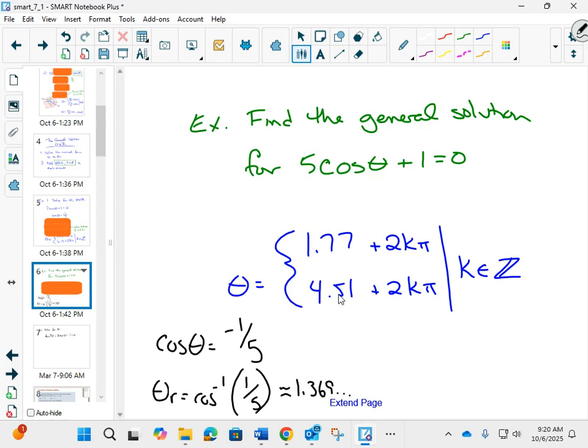And then in quadrant 2, pi minus your reference angle. In quadrant 3, pi plus your reference angle. And then write all coterminal angles with those. Okay.